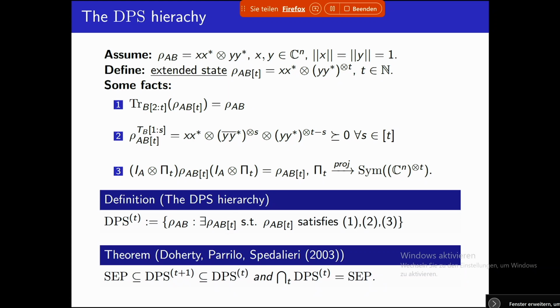But you want to check for a generic state if it belongs to the class, right? Yes, I think this is the point of confusion I mentioned earlier, but let's go through it slowly again. The point is I'm giving a recipe for something which is separable, and I'm arguing how, if something is separable, you can build the extended state. So in essence, what I'm arguing is this inclusion here.